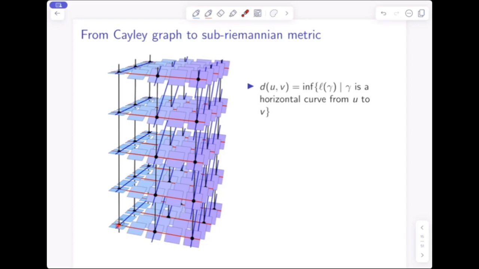If I want to move in the x direction, I can move along a red path. If I want to move in the y direction, I can move along a blue path. If I want to move in the z direction, then I can move in a spiral. I can go x, y, x inverse, y inverse, and move vertically. So I can still get from any point to any other point by a horizontal curve. So I can define the distance between the 2 points as the length of the shortest horizontal curve between them. It's just that that horizontal curve might go around in a spiral. Is this okay so far?